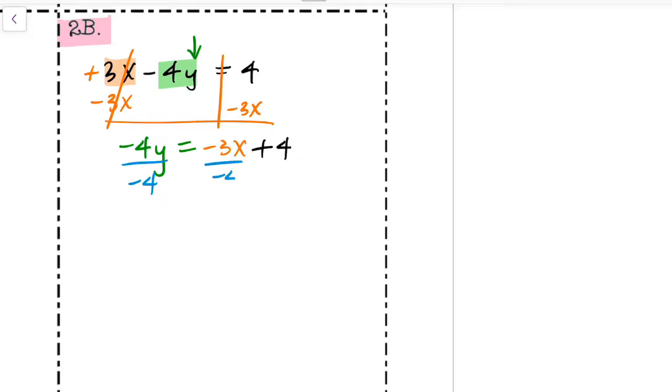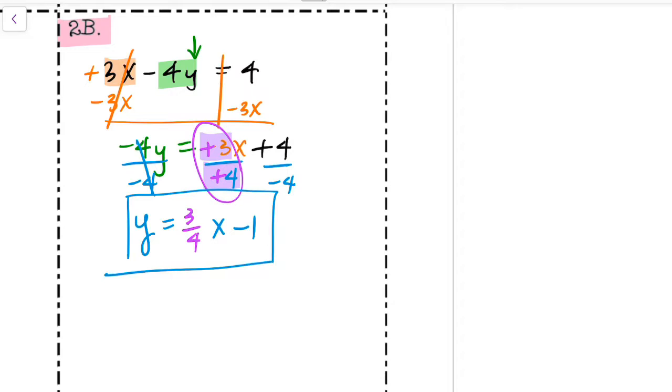So every single piece needs to be divided by negative 4, and we get y equals, well, negative 3x over negative 4, just work with those numbers. Negative 3 over negative 4, well, it's a negative over a negative, so it's going to be positive, and we'll just call it 3/4. And we stick the x after it. And then 4 divided by negative 4 is going to be a negative 1.